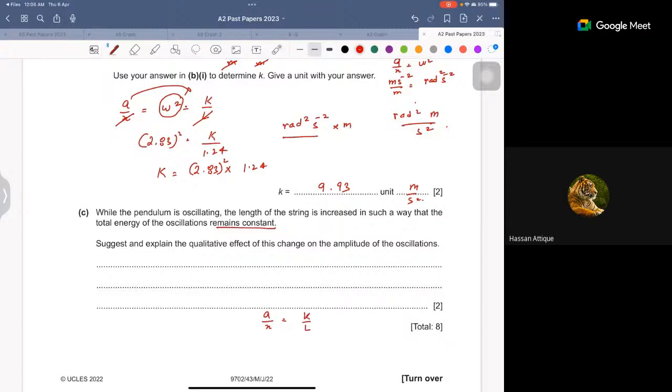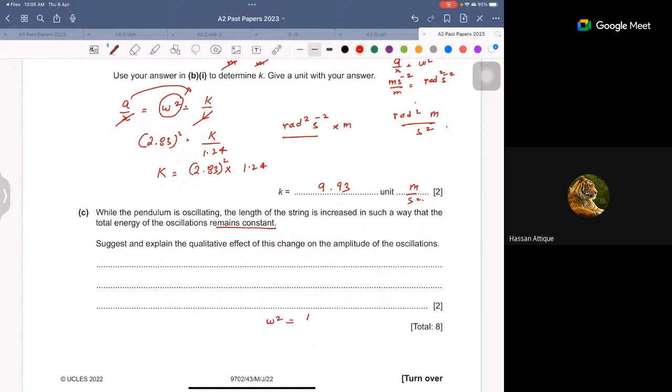So if you increase the length, you have to decrease the acceleration, right? Wait a second. Or you could do something like this.